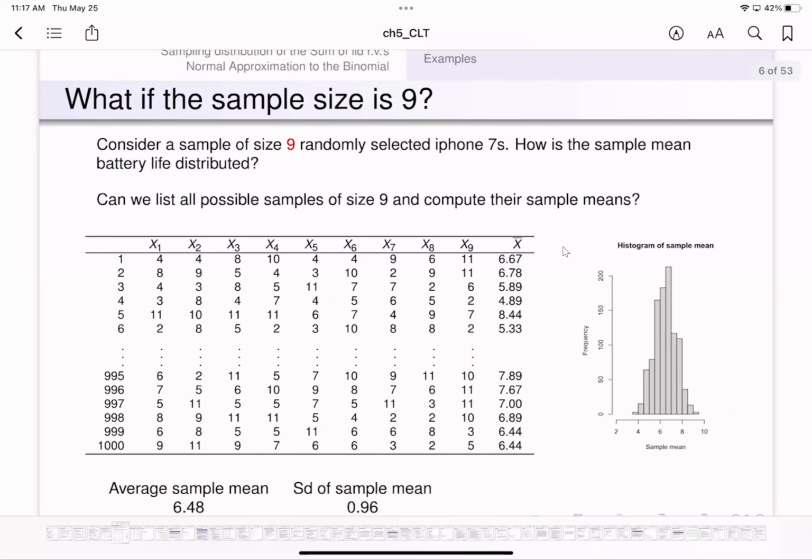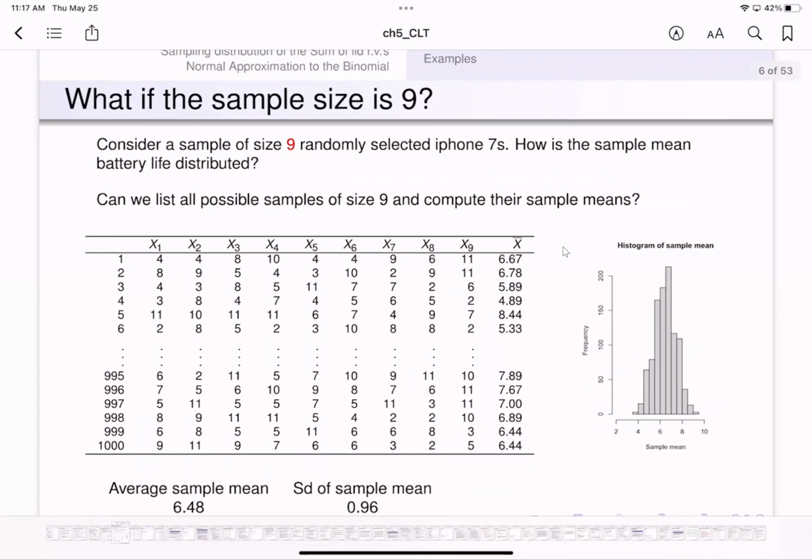What if the sample size is 9 instead of 3? In that case, we have 9 customers, and each customer's iPhone battery life is one of those 10 numbers. So if we put 9 customers there, each customer has possibly 10 of those values.